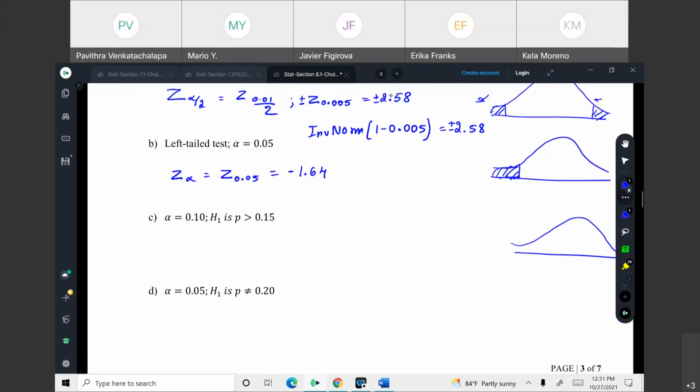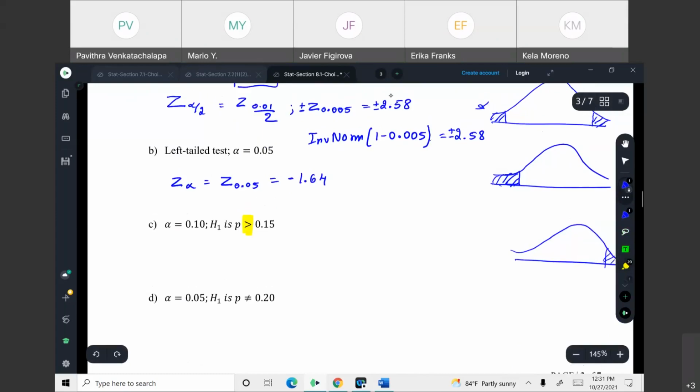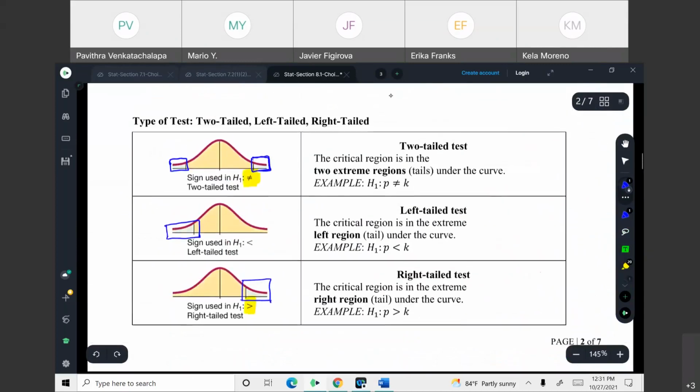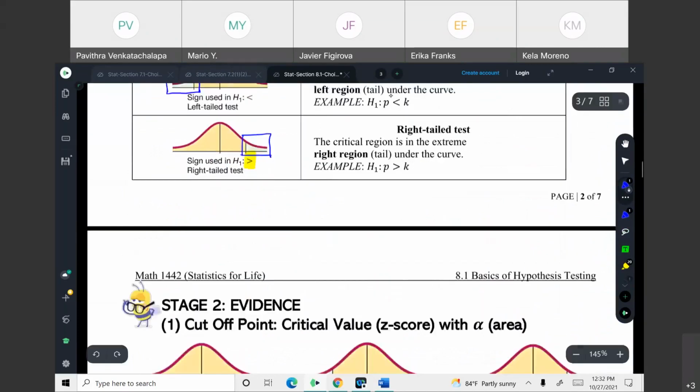So for question C, they have not mentioned the test, but they have mentioned the sign here. If it is greater than, then it is a right tail. This information is given in this table here. If it is greater than, it is going to be a right tail test.